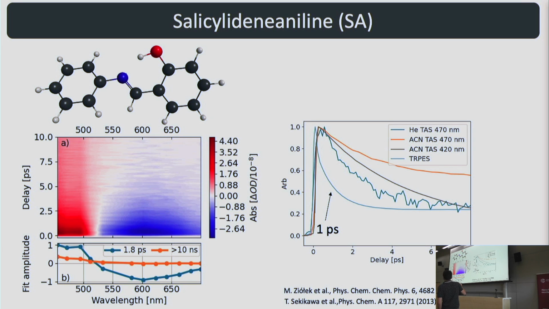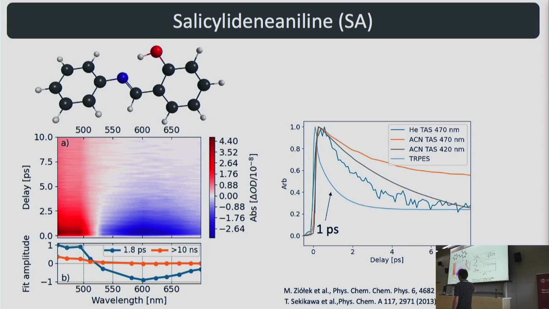So here I'm showing the curves for 420 and 470, and 470 does not agree so well, but the curve for 420 agrees. The reason is simply that when you're in a solvent, the whole spectrum shifts. So if you don't shift the whole spectrum, you're not really comparing what you should be comparing. But just for clarity, I'm showing all the curves, and if you compare the correct points in the spectrum, then you get pretty good agreement.